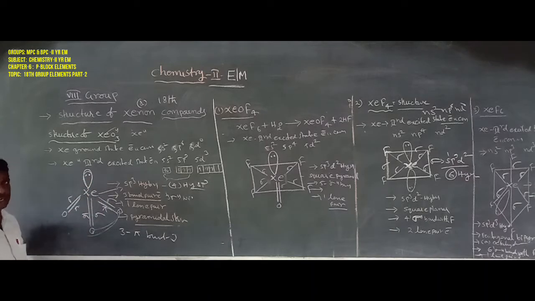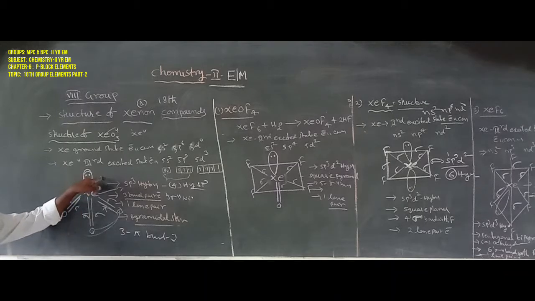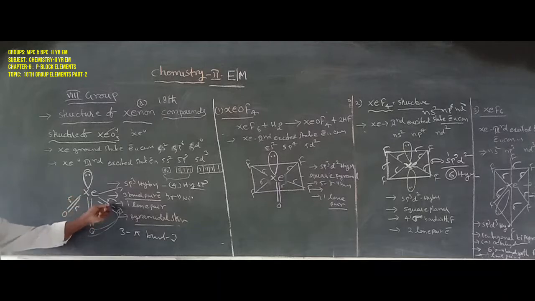If all four were bond pairs, it would form a tetrahedral structure, but because one is a lone pair, it forms a pyramidal structure. That is the structure of xenon trioxide.